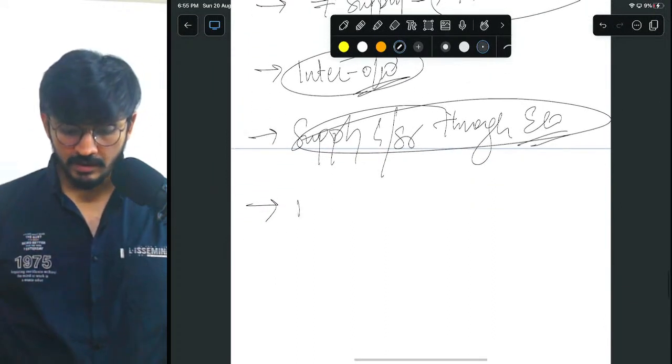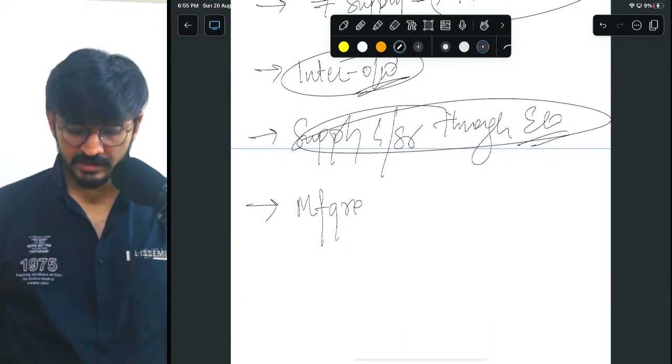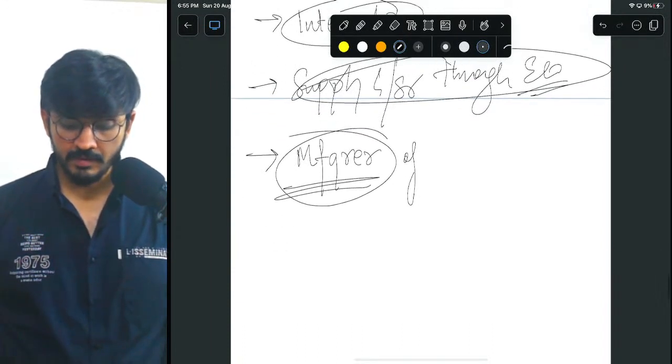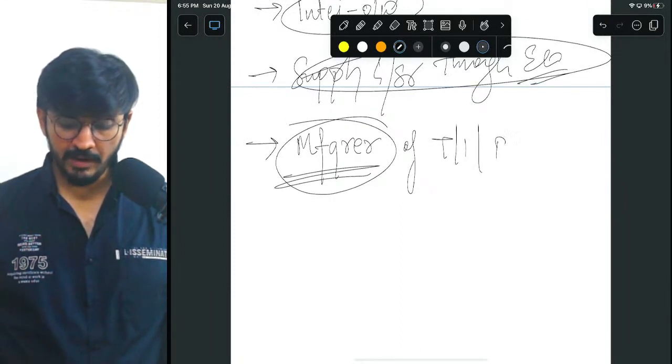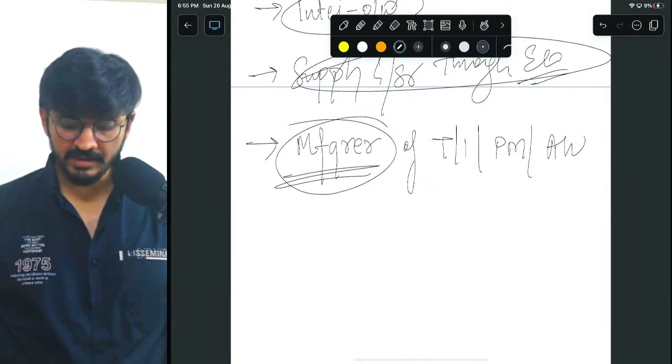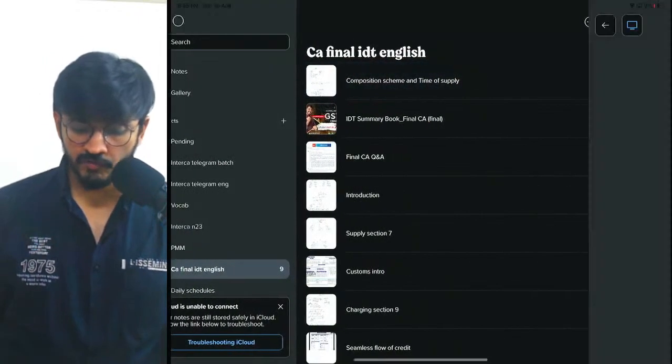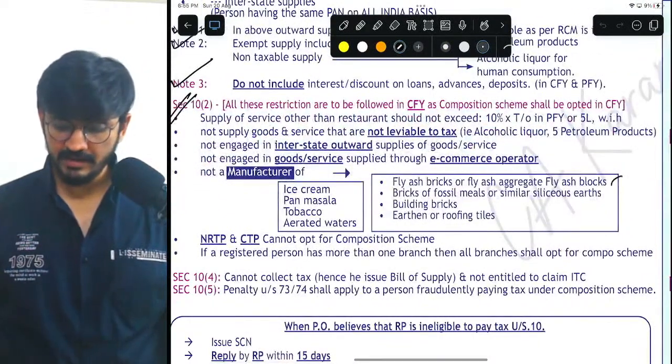Also, okay, if you are a manufacturer of what? Tobacco, ice cream, pan masala, aerated waters, and the recent amendment, fly ash bricks, building material, roofing tiles, all of that, right?